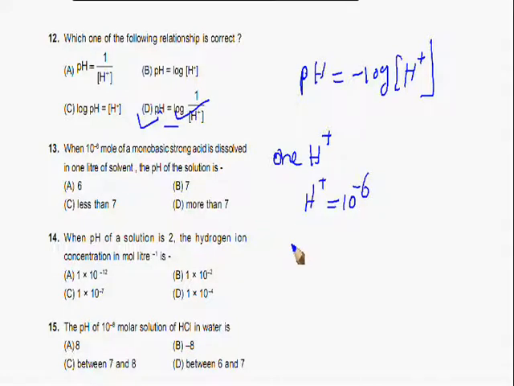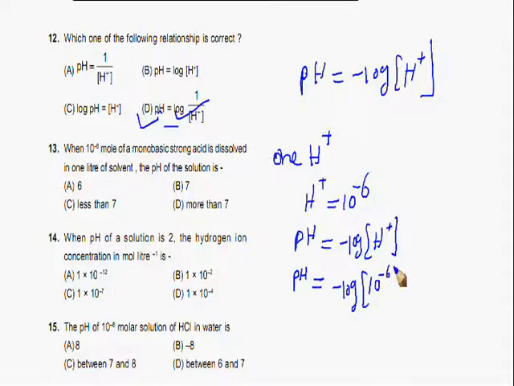Putting the value in the equation pH equals minus log [H+], with [H+] equal to 10 to the power minus 6, we get pH equals 6 log 10. The value of log 10 is 1, hence pH equals 6. Therefore the correct answer is A.